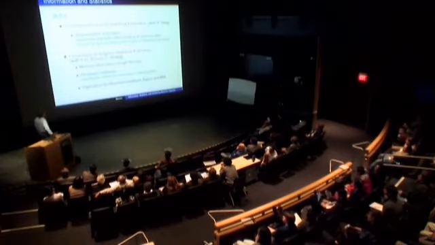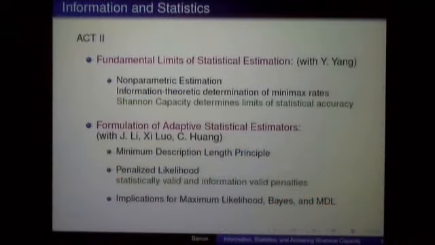So Act 2, we want to get into fundamentals of statistical estimation, both in identifying minimax rates and what role Shannon theory has to play in that, and then the formulation of adaptive statistical procedures through asking what are the right types of penalties to put on likelihoods. The MDL criterion is kind of the prototypical example of that, but what other penalties would be okay?